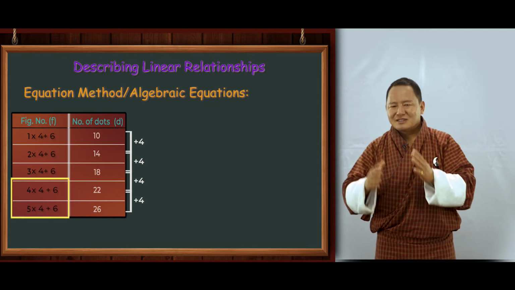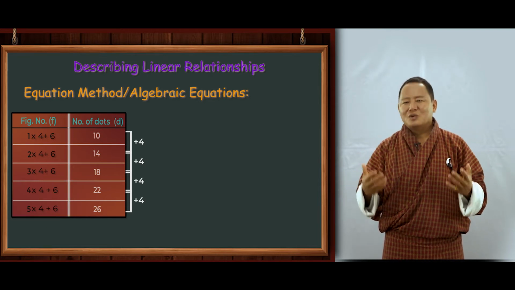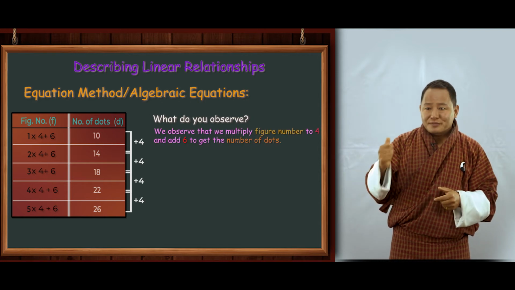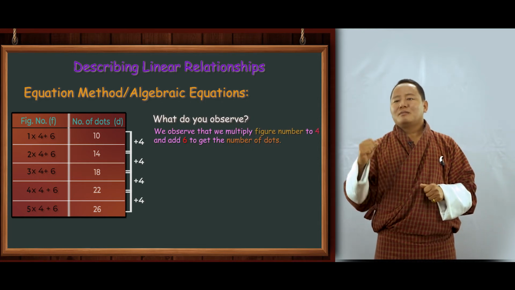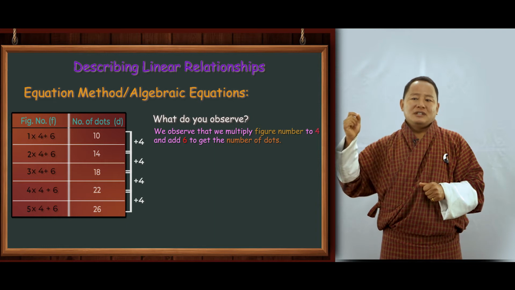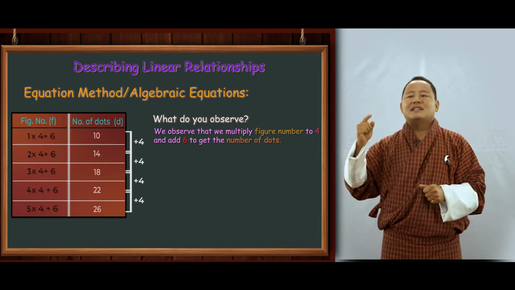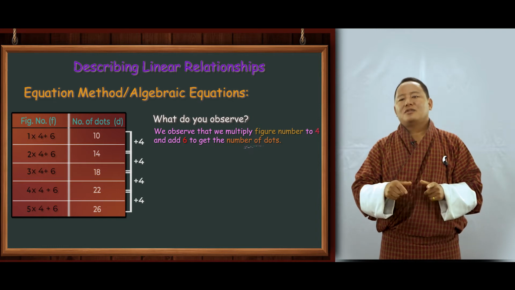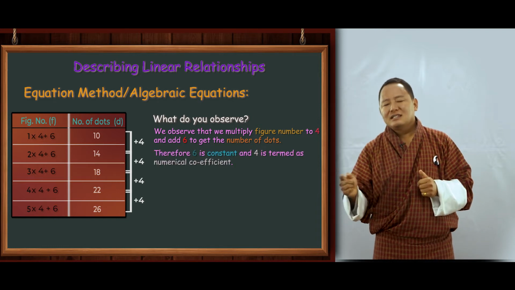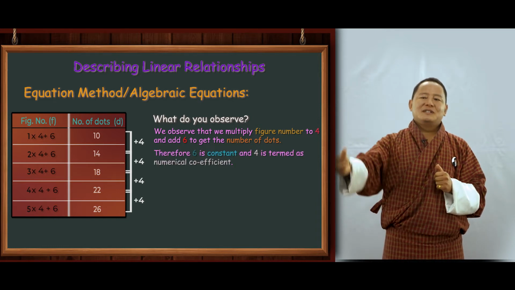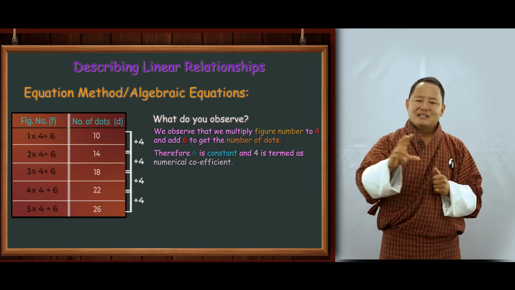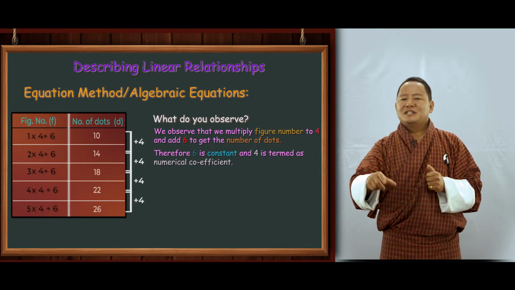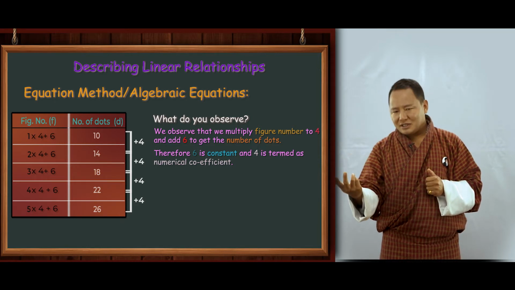So by looking at this, what can you say, or what do you observe? We observe that we are multiplying the figure number by 4 and adding 6 to get the number of dots. Am I right? Therefore, we can say 6 is the constant because it is applied everywhere, because it is added. Sometimes depending upon the term, it can be added or it can be subtracted as well.